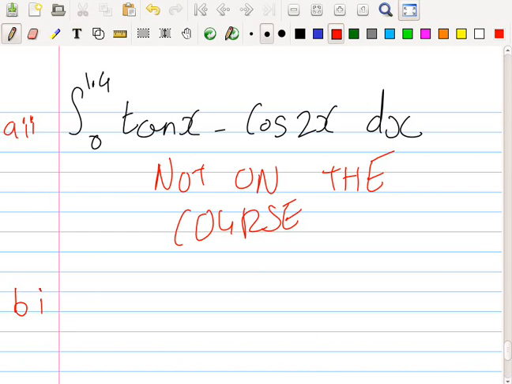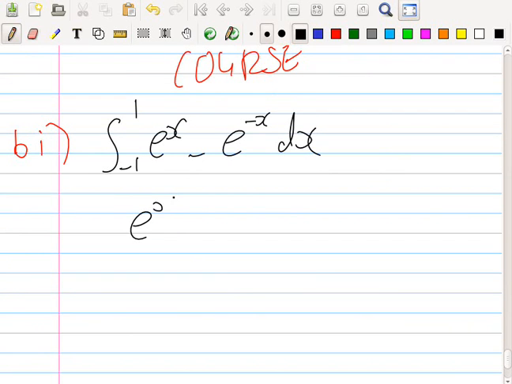So B part 1 now. Well, this one here is okay. This one is in the formula book. It's going to be e^x plus e^-x.